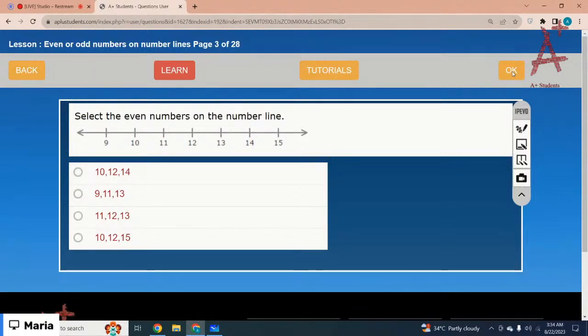So which is the correct option? They are 10, 12, and 14. Option number 1 is the correct option.